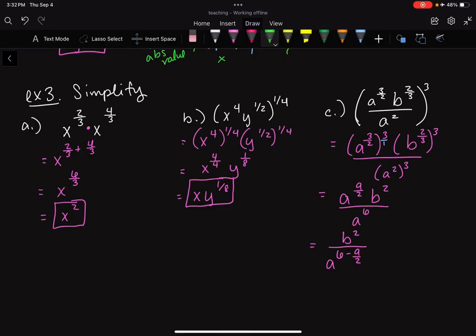Now I'm going to do this off to the side here. So 6 minus 9 over 2. 6 can be written with a denominator of 2 if we multiply it by 2 over 2, because remember it's really over 1. So this is 12 over 2 minus 9 over 2, which results in 3 over 2. So this at the end is going to be b squared over a to the 3 over 2.